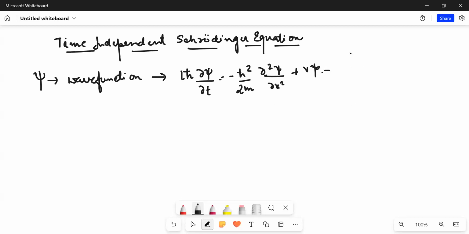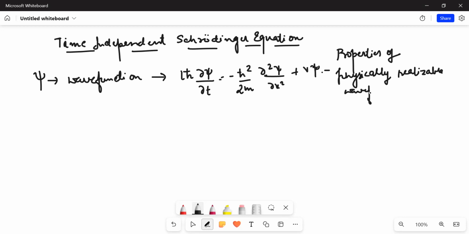Apart from this, we've seen the properties of physically realizable wave functions. Although there are some exceptions to it, we'll see those exceptions, don't worry.